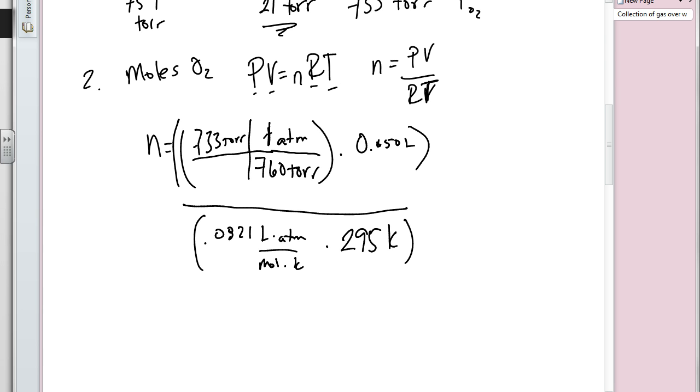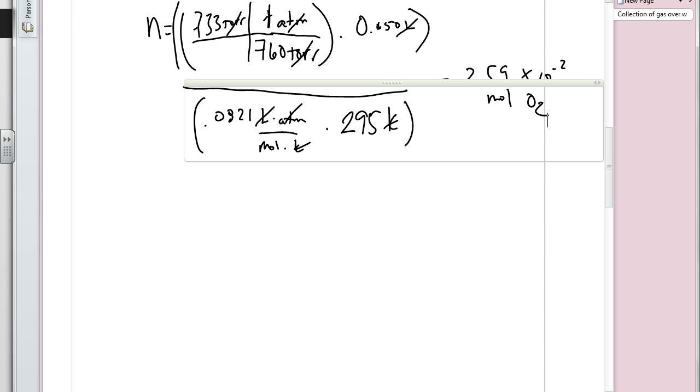Okay, just double checking units: torr, liters, atmosphere, Kelvin. So we're left with an answer in moles, and that's what we're after. We run this through and get 2.59 times 10 to the -2 moles of oxygen being produced after we decomposed all of that potassium chlorate. Now, so we found that.